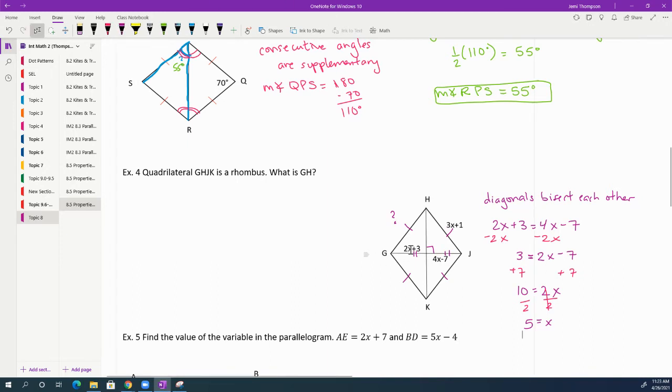Now that I know x, I could plug x in to find the length of the diagonal. I could also plug x in to find the length of this outside, and that's where I want to go with this. So I'm given that HJ is 3x plus 1. Now I know what x is.